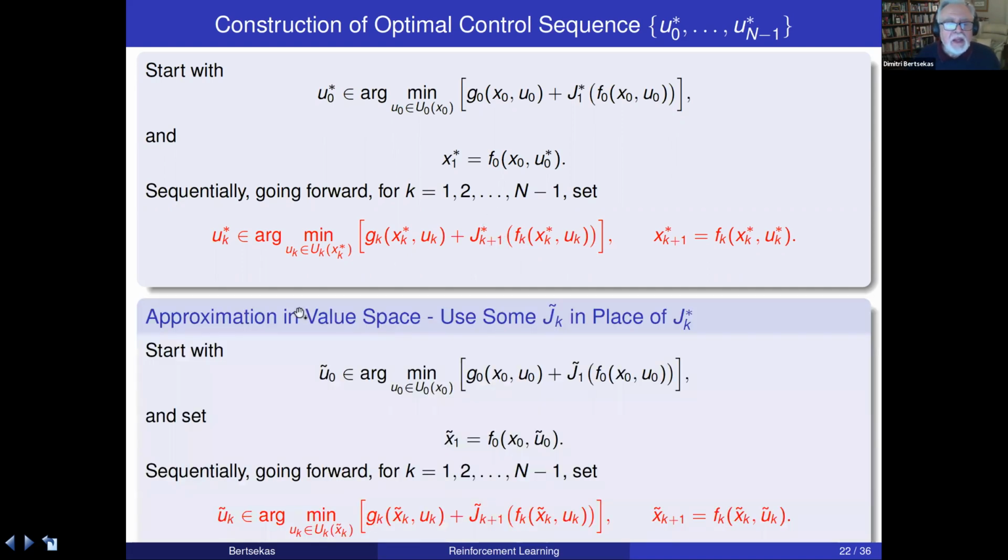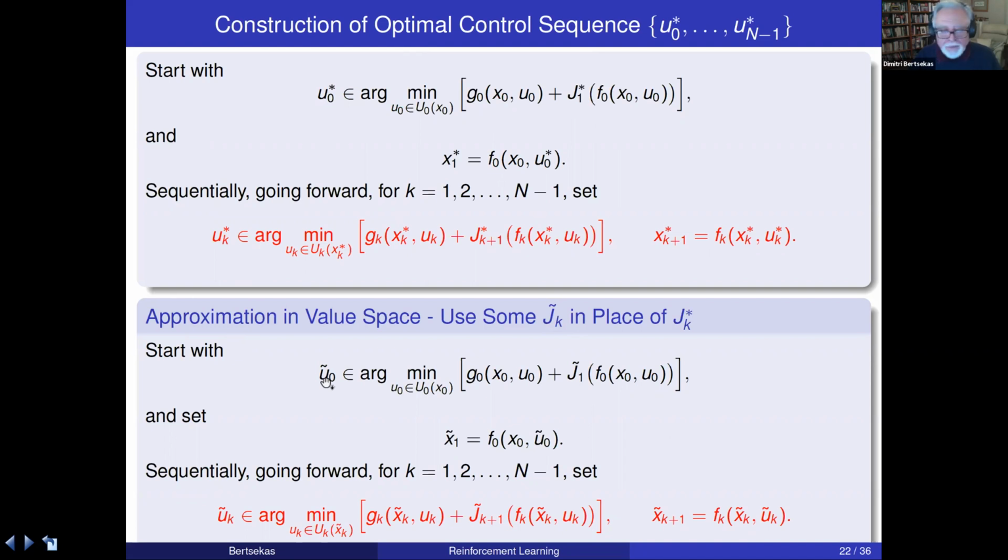And the way we generate this suboptimal control sequence is called approximation in value space. We don't have this Jk star. We use some Jk tilde, some function that we calculate somehow. And then we do this forward process, but with J star replaced by J tilde.